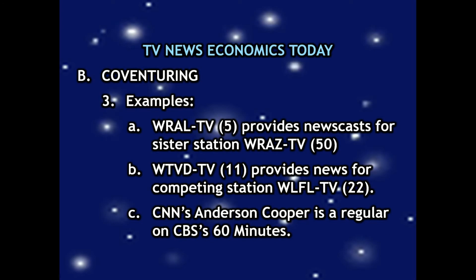You have an example where if a television station owns another station in the market, then they may share resources and have newscasts on both stations, like the case with Channel 5 and Channel 50 in Raleigh, both of which are owned by Capital Broadcasting. You also have the case where you may have a television company taking on the resources of a competing television station in the market to provide news coverage, such as the case with Channel 22 in Raleigh, which airs a newscast produced by Channel 11.